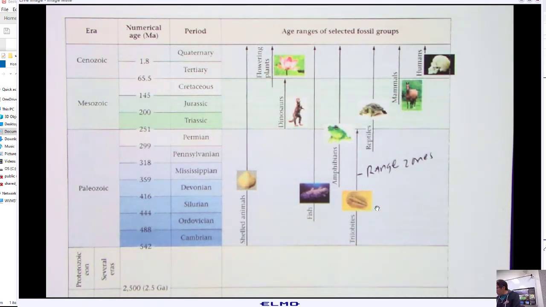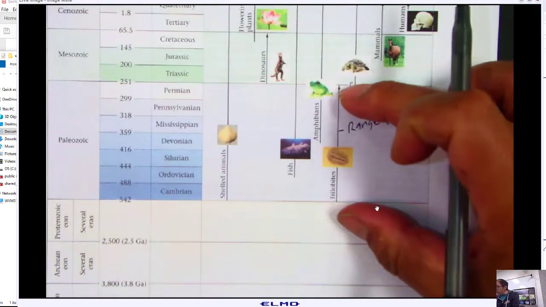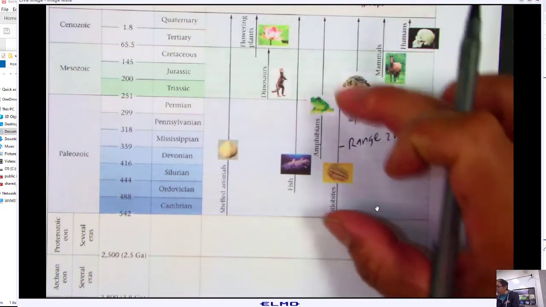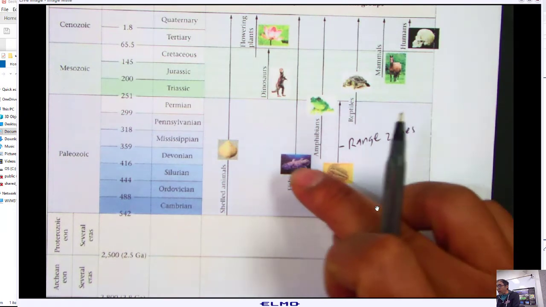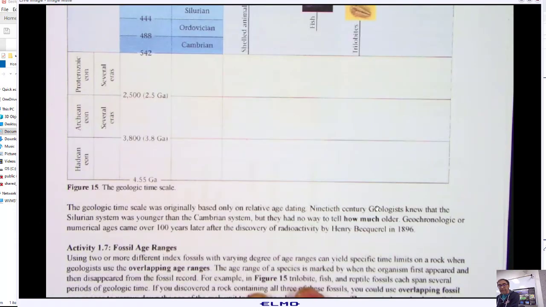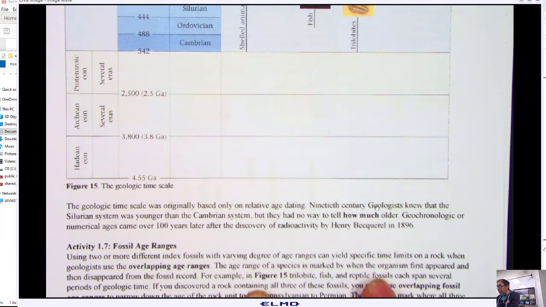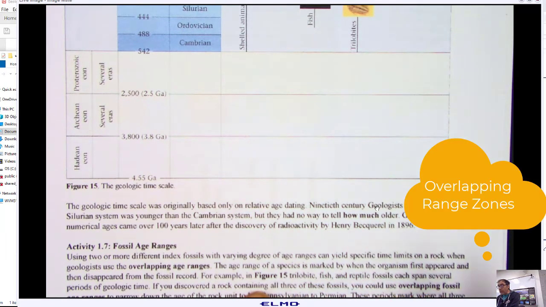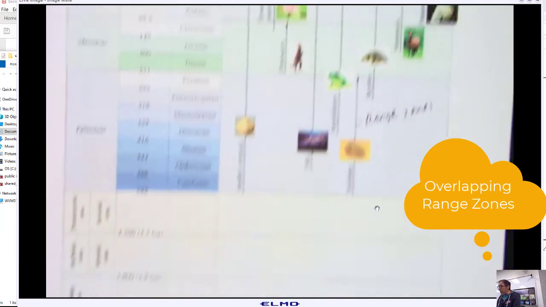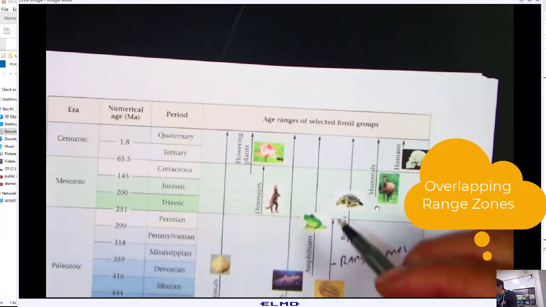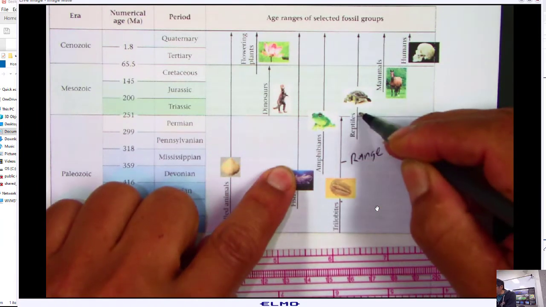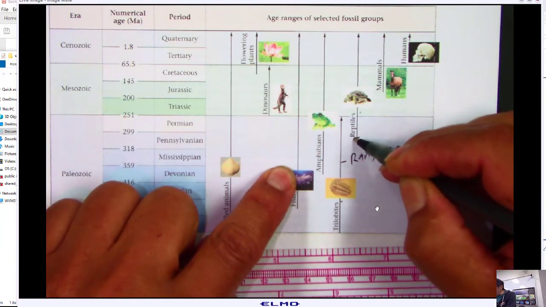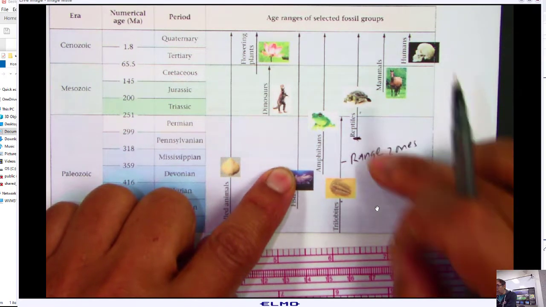And over here, I talk about, yes, trilobites, reptiles, fish have very long ranges. But if I had a rock that contained trilobite, fish, and reptiles, I could use the range zones to narrow down the age. So for example, if I had trilobites, fish, and reptiles, well, I cannot start my timeline, my age, until I get reptiles.